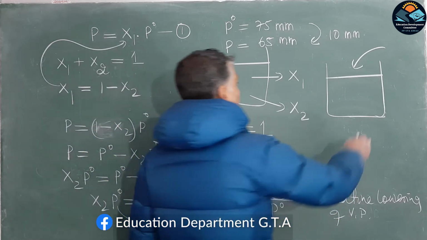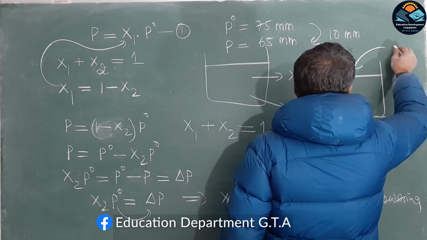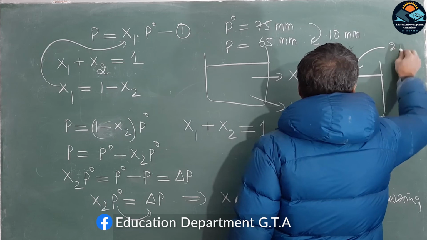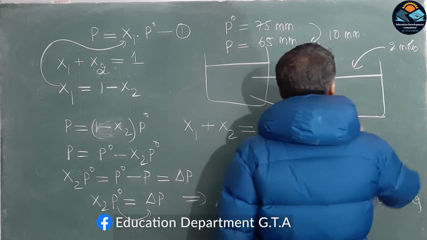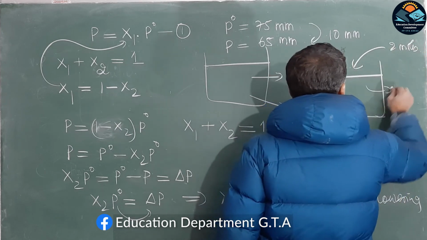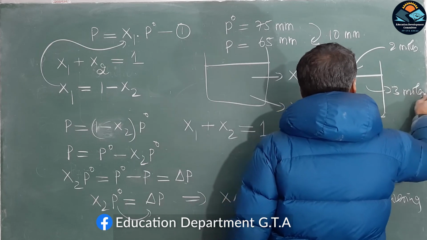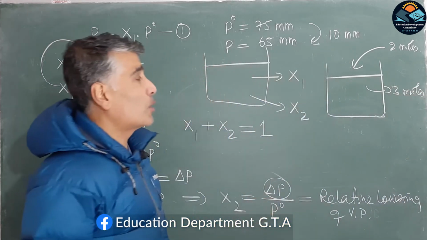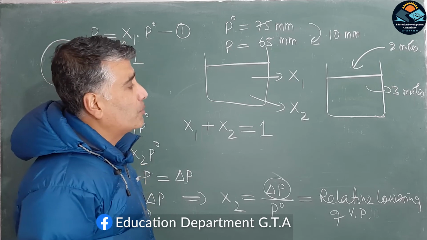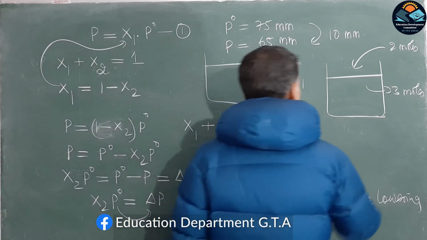So let's say I've added 2 moles of solute with 3 moles of water. What's the number of moles of solute? 2 moles. And how many moles of solvent? 3 moles. What's the mole fraction of the solute here?